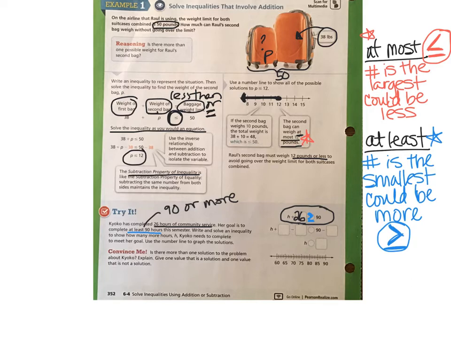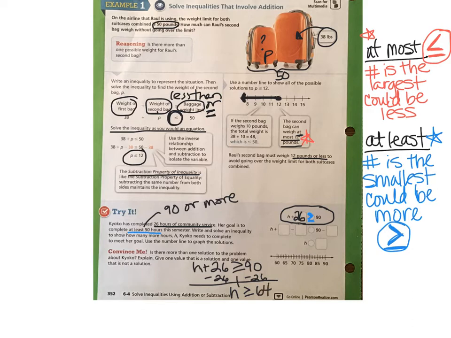To solve this inequality, you're going to do the exact same steps that you would do if you had an equation. So ignore the inequality symbol for a minute and just go ahead and complete the solving process by taking away the 26 from both sides. In this case, H is greater than or equal to whatever 90 take away 26 is, which I believe is 64.